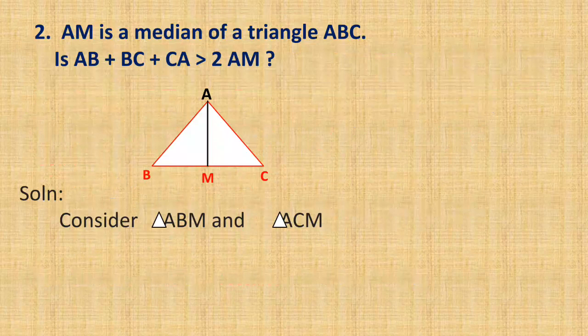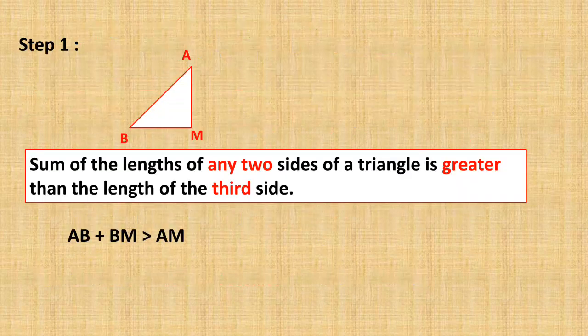First, draw the triangle ABC, then the median AM. Here, we are going to consider two triangles. You can see ABM is one triangle, another one is ACM. First, ABM.